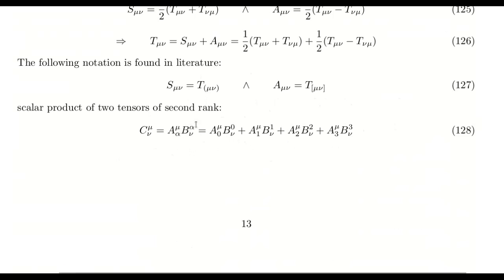Of course, we are using tensors, so we have a covariant index and a contravariant one, and so we can calculate the scalar product here. That means in four-dimensional space we have four addends here, 128, and then two indices, the covariant index of A and the contravariant index of B, vanish, and so we have a tensor with only two indices again, a contravariant mu and a covariant nu.